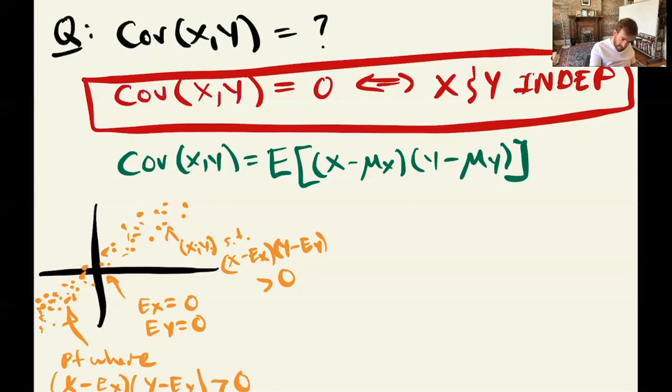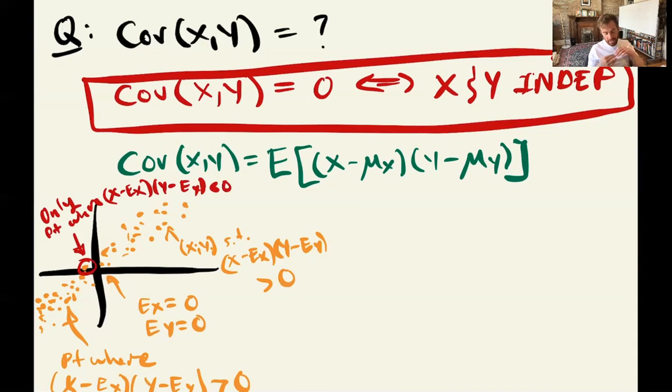And so far, this is the lone point, it looks like. Here it is less than 0, because I have something whose y value is positive, but whose x value is negative.